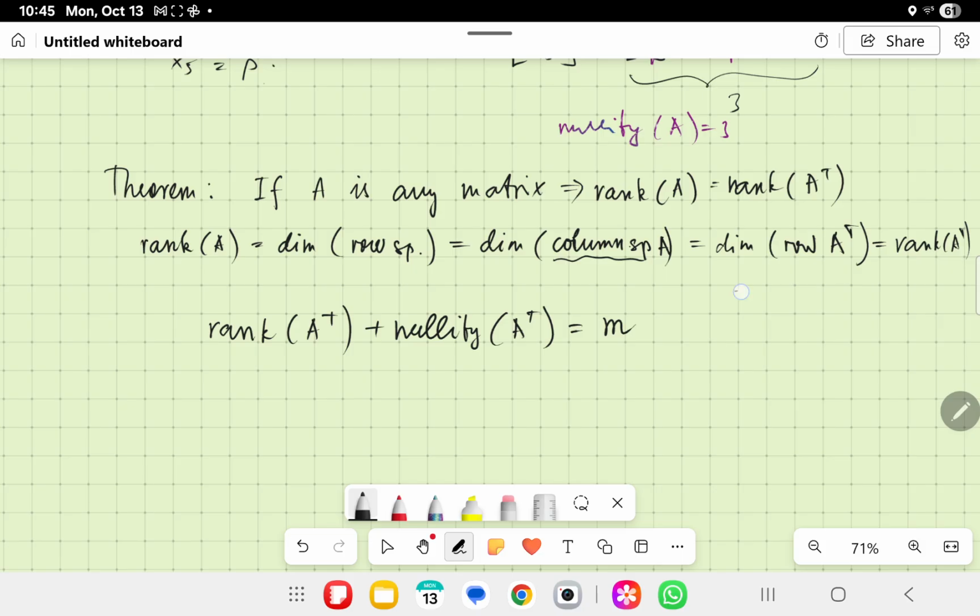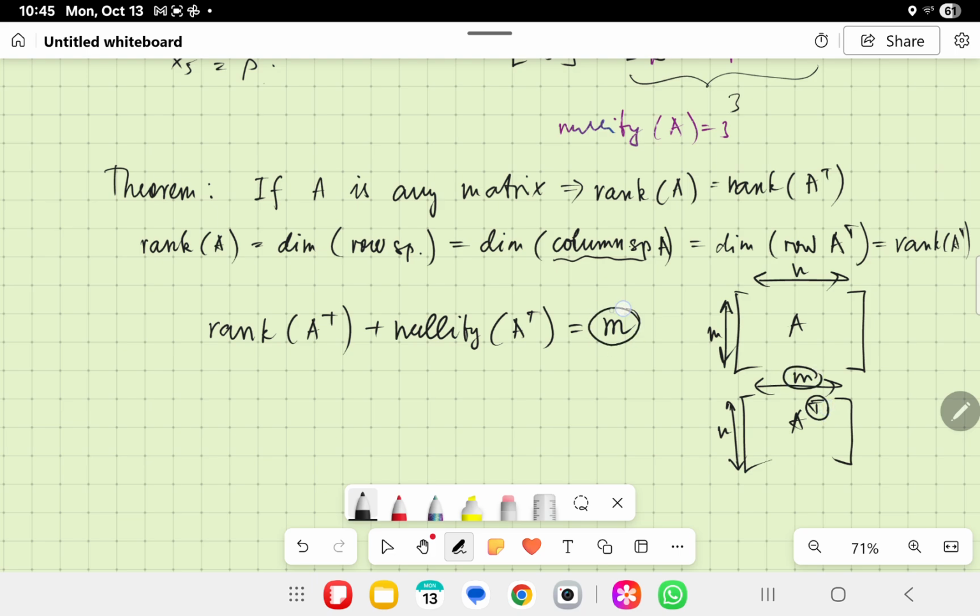Number of variables is going to be equal to m, which is the number of rows. So if this is matrix A, this is n, and this is the number of rows, right? For matrix A transpose, we are going to have it opposite: m over here and n over here.